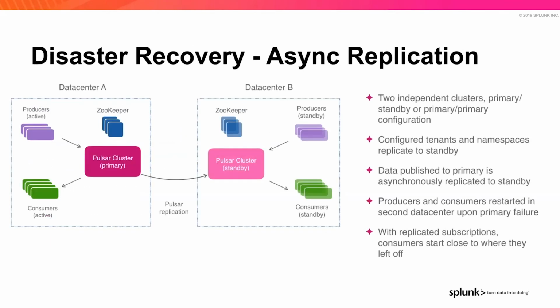You can emulate disaster recovery scenarios by having multiple Pulsar clusters across different regions or data centers. The producer produces in one of the data centers, and the data is asynchronously replicated into the other cluster and kept around there, and you can restart those producers and consumers when the other data center fails.